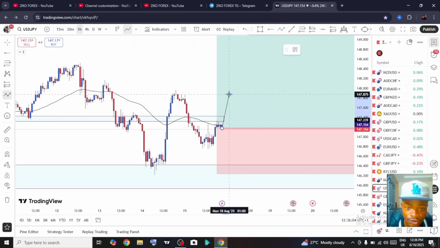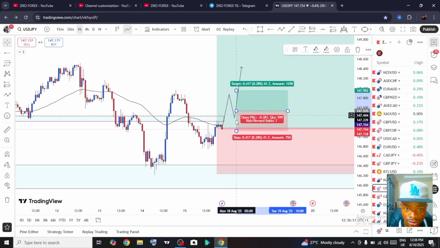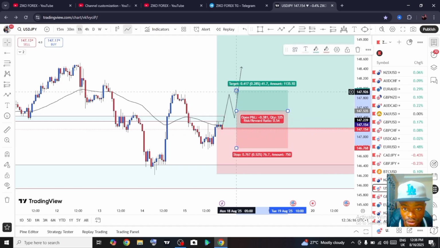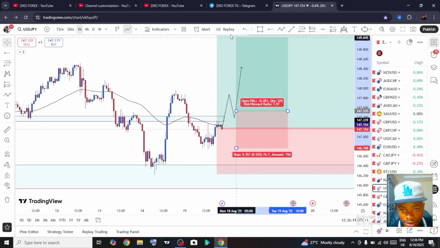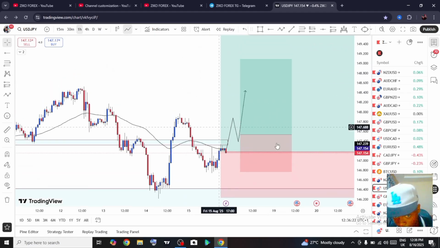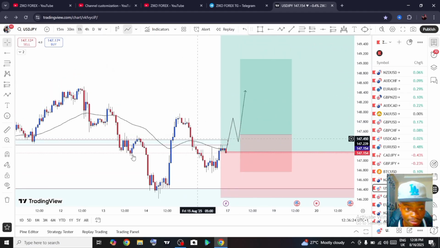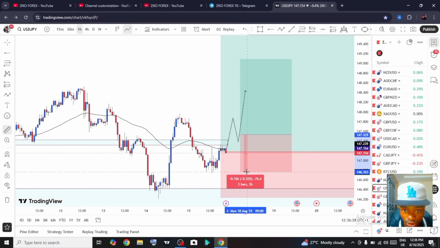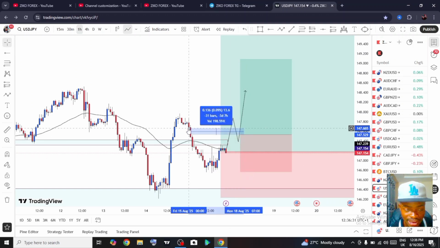So if you wait for a break and retest above here to buy, it means that if you are entering here at the engulfing, your stop loss is supposed to be just here, right? And it could still play out, but you know, price has just been misbehaving throughout this August, and there's just a chance that price is definitely going to move random 70 pips on USD JPY.